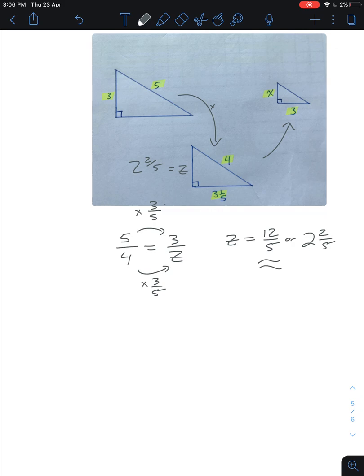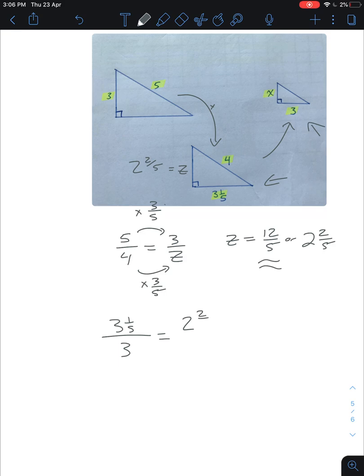So now I'm going to think about, okay, let's go from that triangle that we were just working at, this one down here, and try to figure out what the x value is going to be in that one. So I'm going to use the base of both of these. So 3 and 1/5. Okay, I'm going to compare that to 3. So the triangle that's on the bottom, the medium-sized one, to the small one that's up in the upper right-hand corner. Well, that's going to be equal to, I just found that z value is 2 and 2/5.